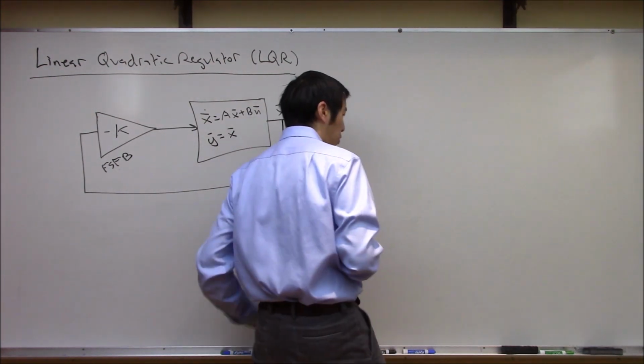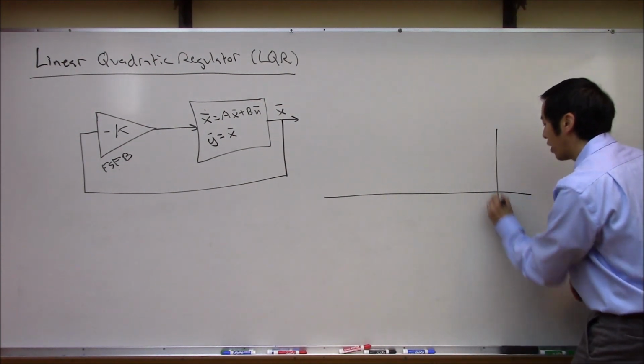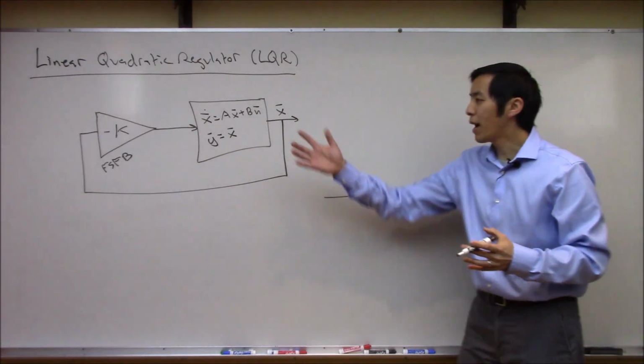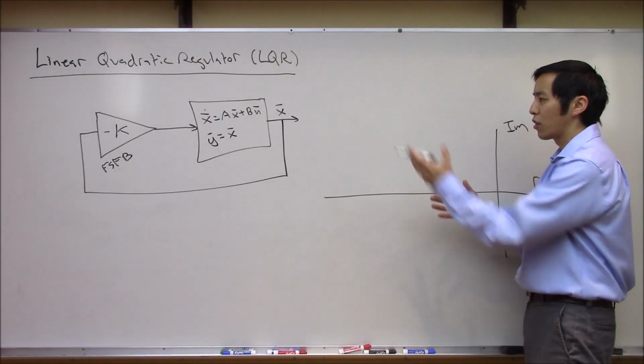Last time I think we showed that you can try to tailor how the full state feedback controller behaves by choosing desired closed loop poles of that entire system.